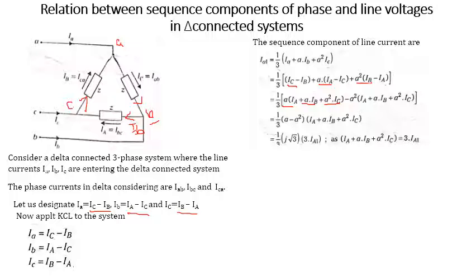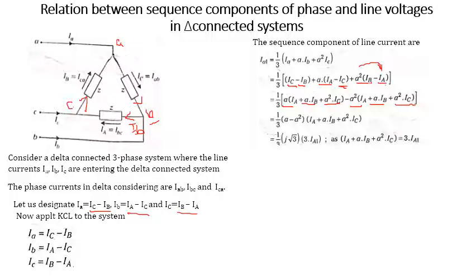For the next we have A square minus IA, multiplied by A square, so we get minus A square IA. For IB, it is minus IB, already there is minus A square, and if I multiply it by A we get A cube. For IC, it is A into IC, minus A square already is there, and if I multiply by A square it is power 4, which is nothing but A.